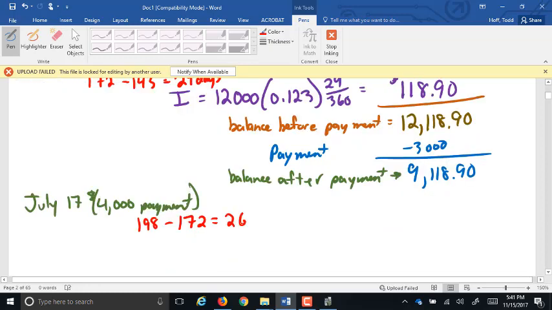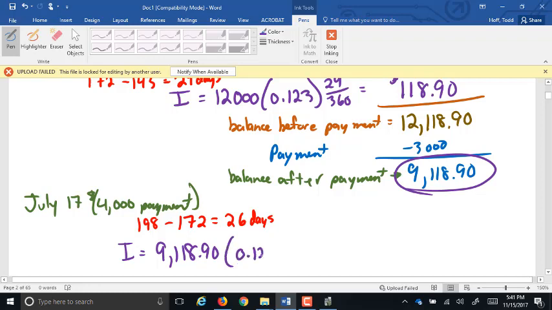So that's 26 days. So our interest, we're going to use the $9,118.90 times 0.123 times 26 over 360.